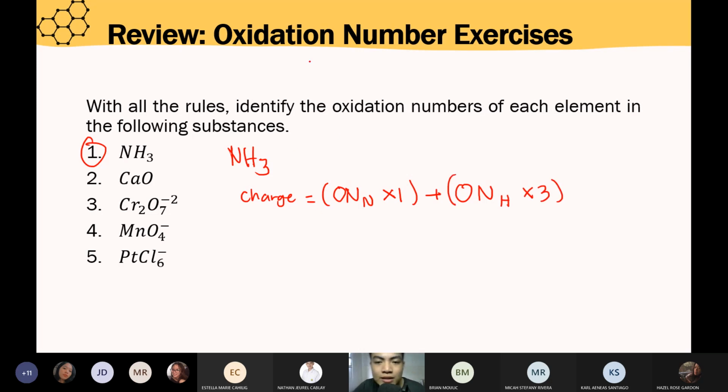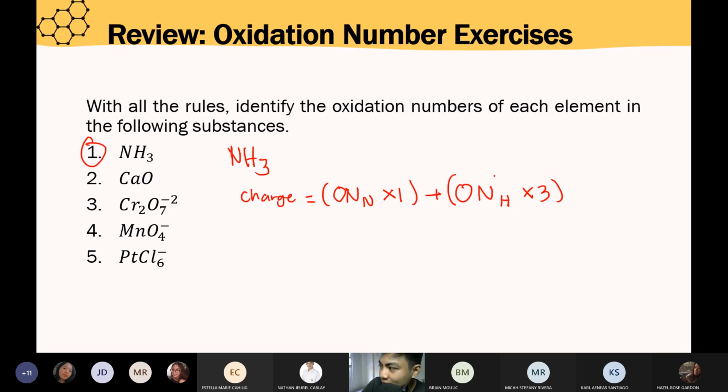Okay? So now, isip tayo. Of those two elements, sino yung may sinabi sa rules kanina? Obviously, si hydrogen. So, si hydrogen may sinabi about sa kanya. Ano sabi sa kanya? Hydrogen, positive 1 yan if it is bonded to nonmetals. Nitrogen is nonmetal. So, ibig sabihin, hydrogen is positive 1.